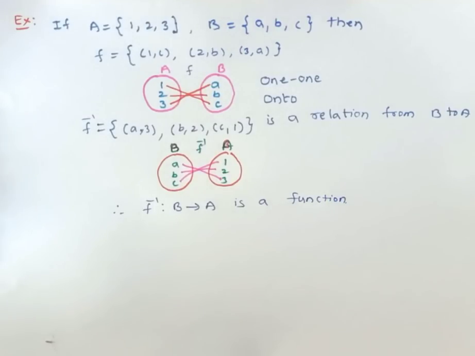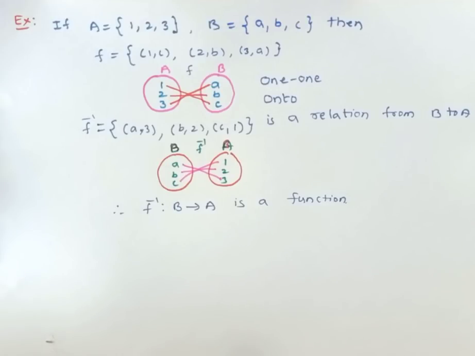Now just think about when the given inverse relation is a function. Using these three examples: the first example is 1-1 but not onto, therefore the inverse in the reverse manner is not a function.